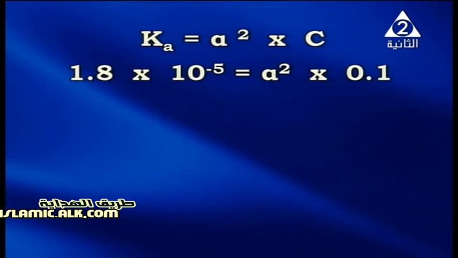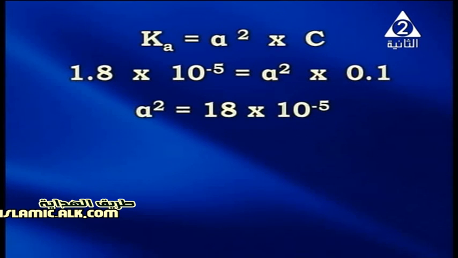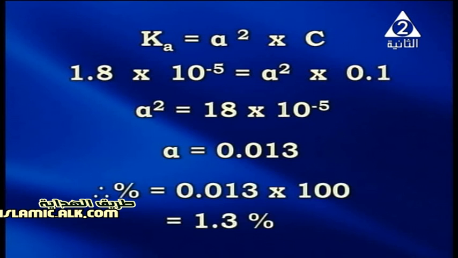So 1.8 times 10 to the power negative 5 equals alpha square times 0.1. So alpha square equals 18 times 10 to the power negative 5. So alpha equals 0.013. So the percentage of ionization here equals alpha times 100, so equals 0.013 times 100, so equals 1.3%.